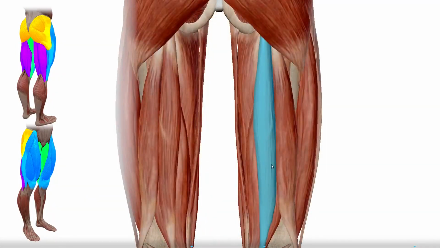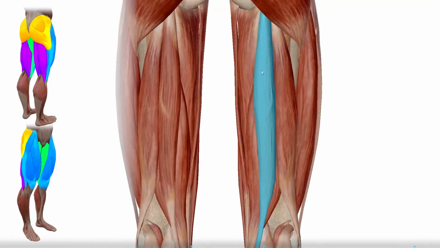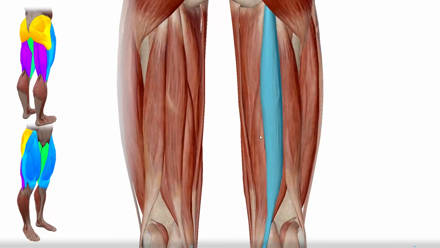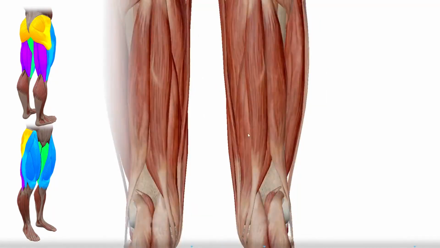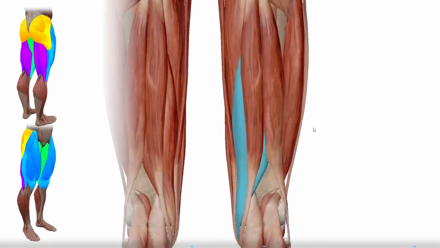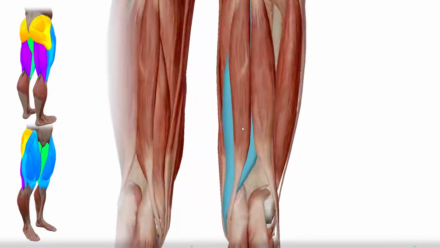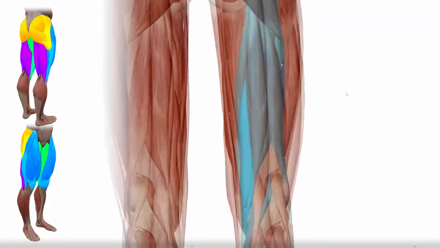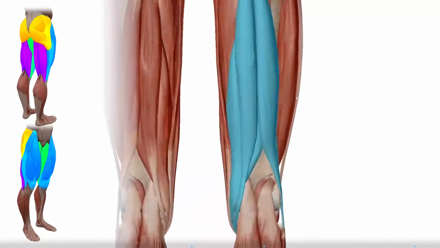Then right next to it, on the inside, sort of like the center of the back of the leg, we have the semitendinosus. It's a little bit hard to say, but there you go. And as we keep making our way towards the inside of the leg, we have this other big muscle that's going to be hidden for the most part, called the semimembranosus, and this is going to wrap it up for the hamstring.